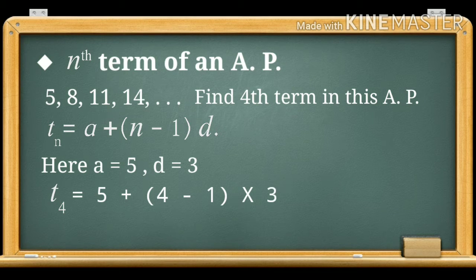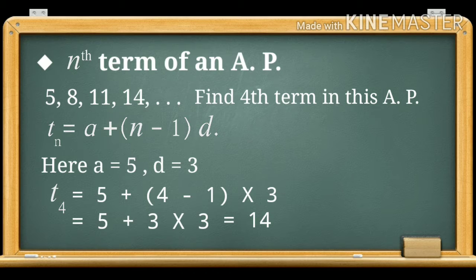Therefore T4 equal to 5 plus (4 minus 1) into 3. If you calculate this, what do you get? T4 equal to 5 plus 3 into 3, is equal to 5 plus 9, is 14. That is, T4 is 14.